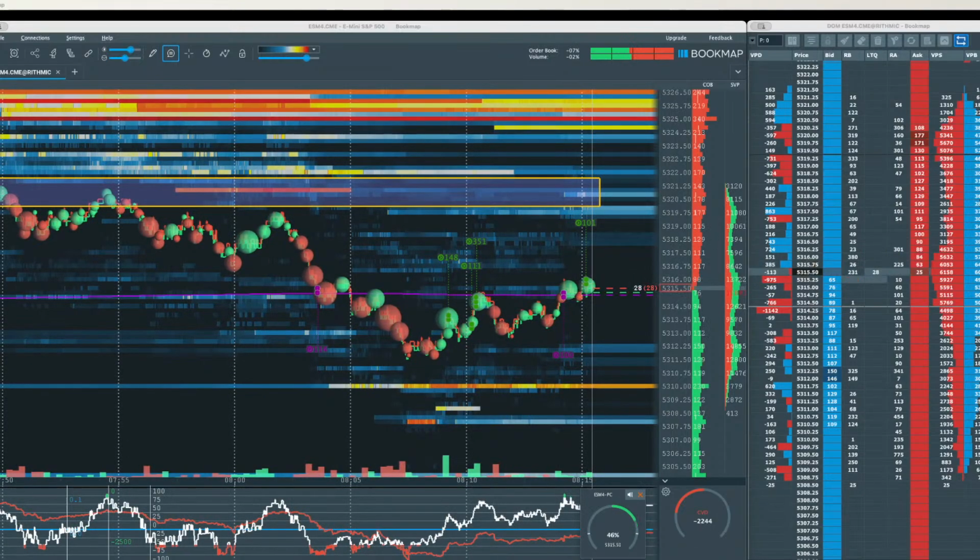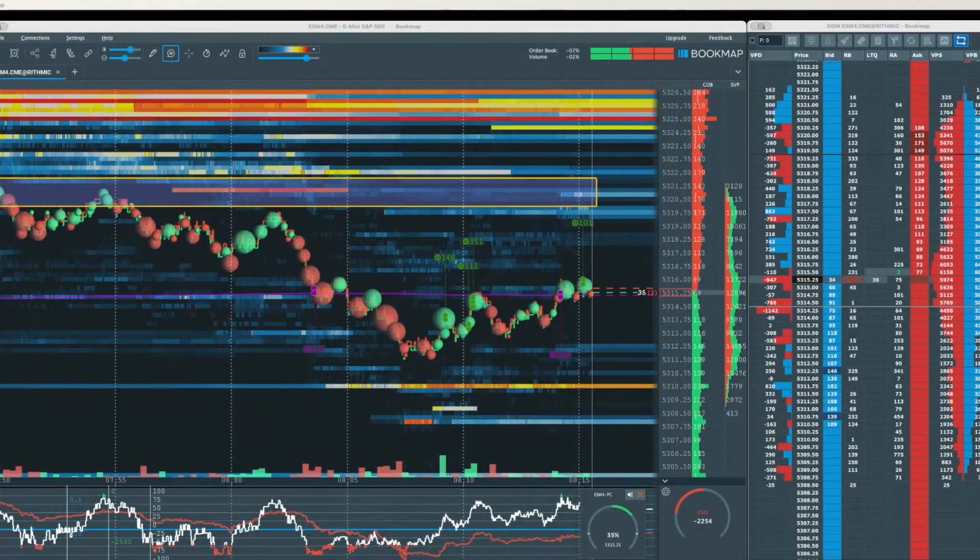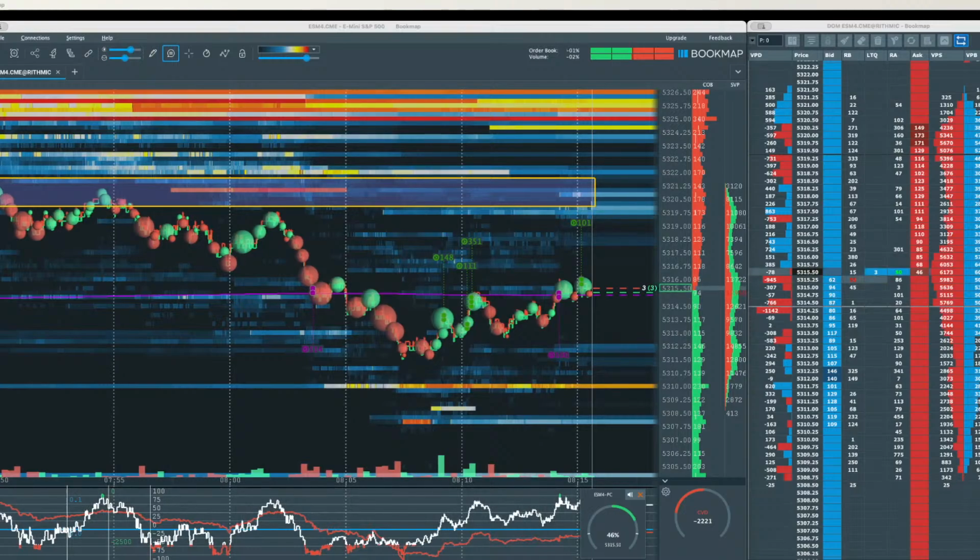It might just go back up to test the market at the top, and then I'll re-enter if it hits the top. I'll take a small point, a small win, and, you know, it is what it is.